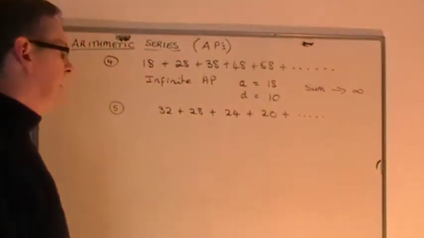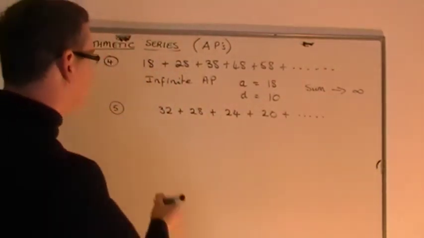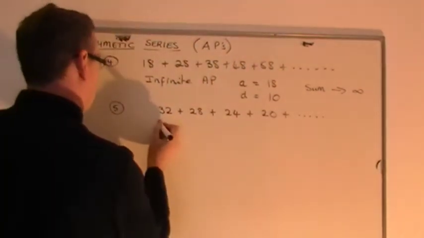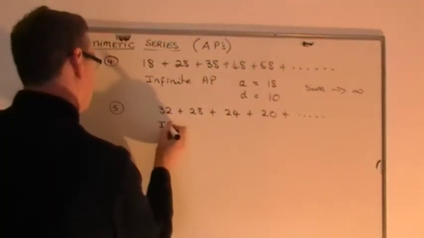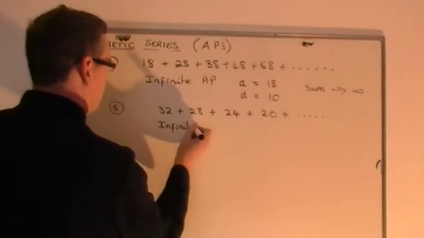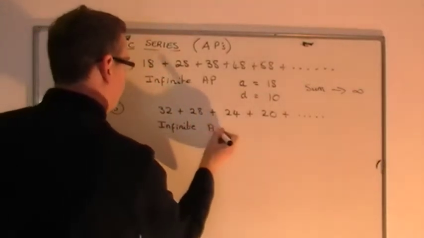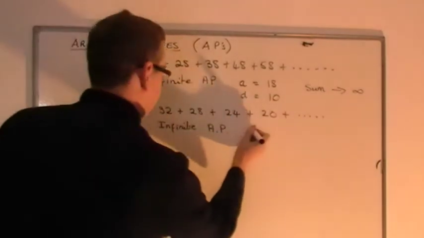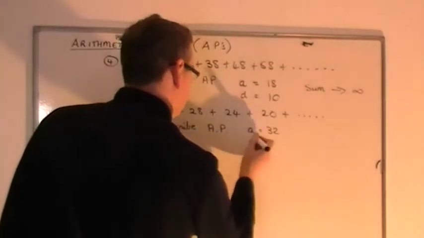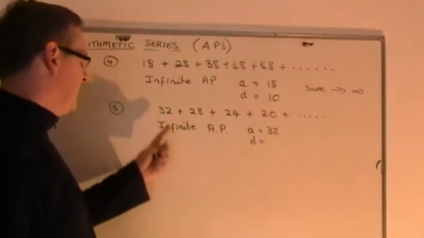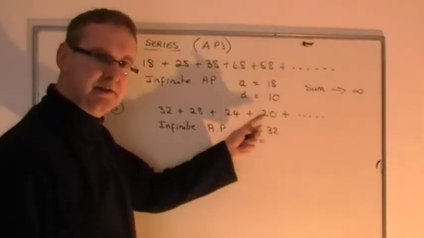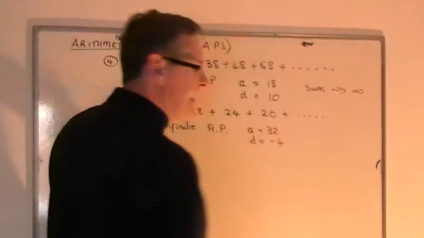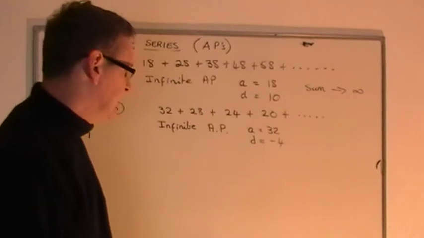In this case, you've got an arithmetic series, and because it goes dot dot dot, it's an infinite arithmetic progression or arithmetic series. This time the first term is equal to 32, and each successive term is going down by 4, so the common difference is -4 in this particular instance.